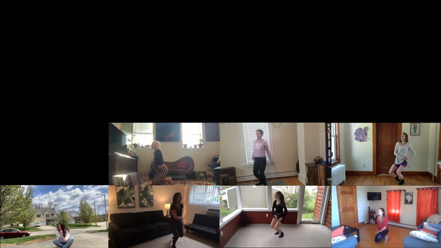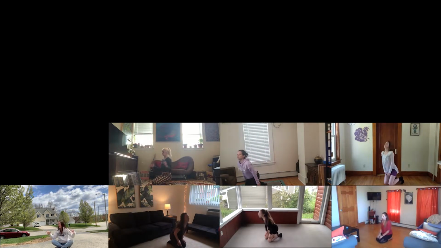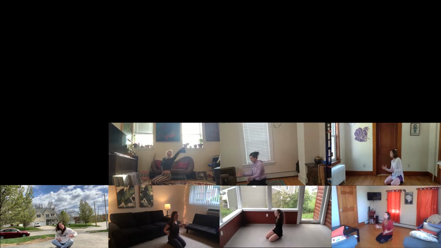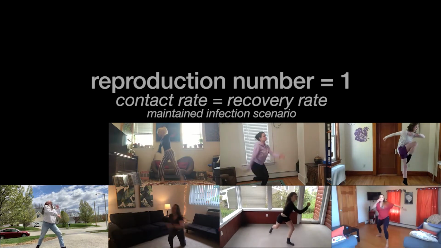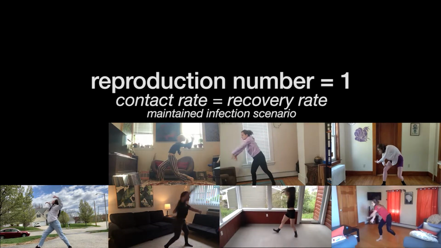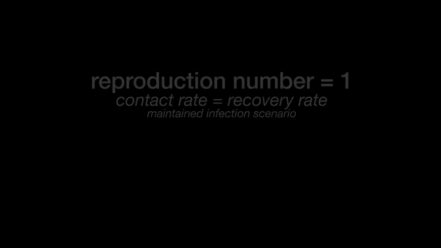So if it's like 10 contacts per day, then you would have 10 of these events that could transfer the illness. This is called the SIR model for susceptible, infected, and recovered model.